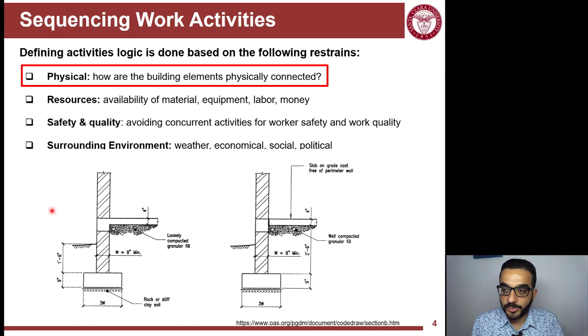As an example, this is a foundation footing, and then you have the masonry wall, but the connection between the slab on grade and the masonry wall is different between this case and this case.